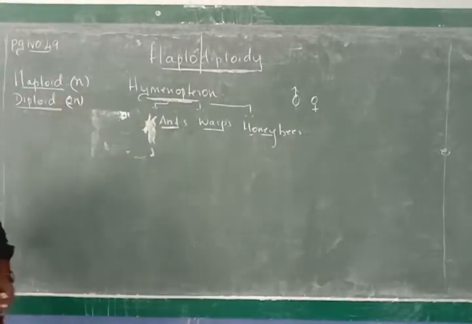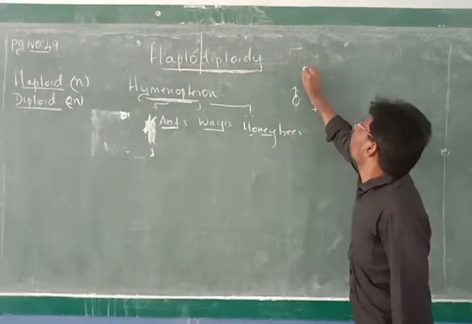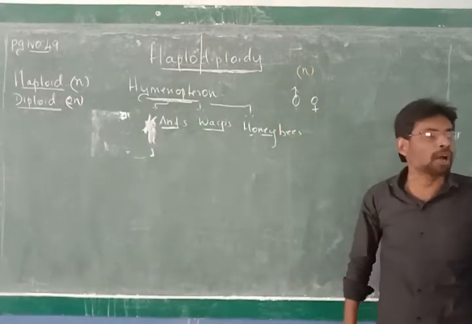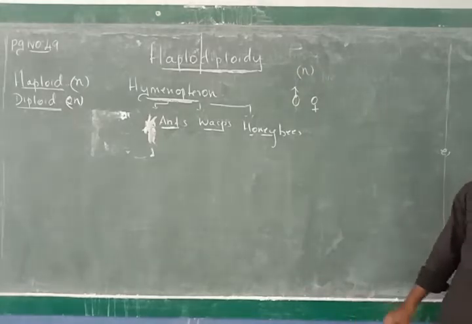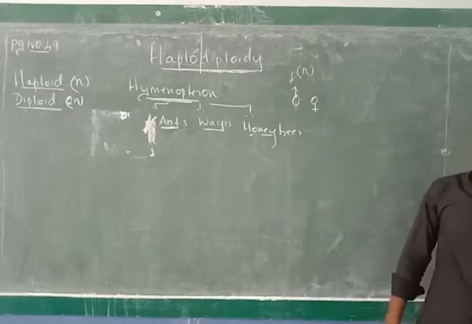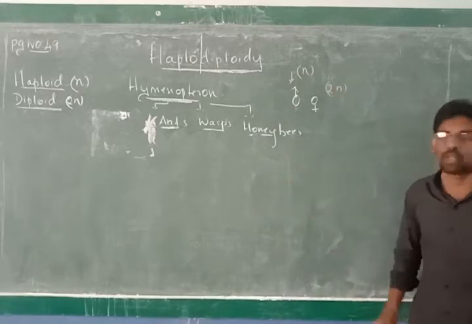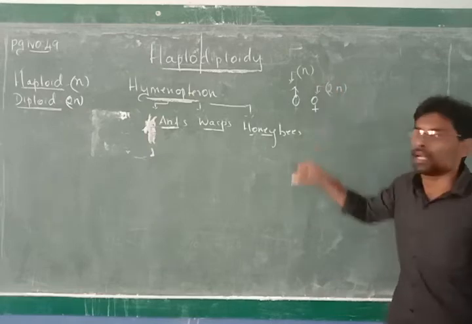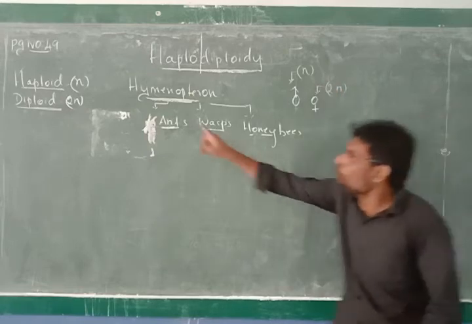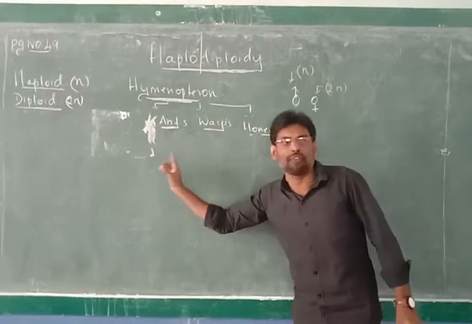For example, in this order, if it receives a single set of chromosomes, that is a half number, a haploid number of chromosomes, it forms maleness. Suppose it receives 2n number of chromosomes, a full set of chromosomes, it becomes female. So the number of chromosomes decides the sex in this Hymenoptera order.